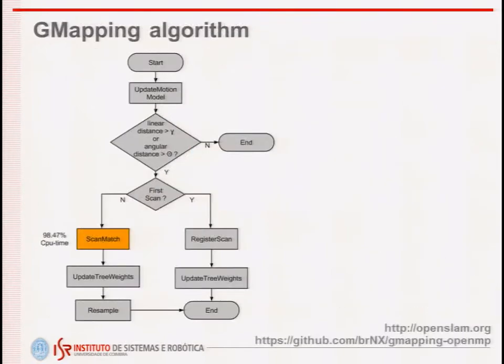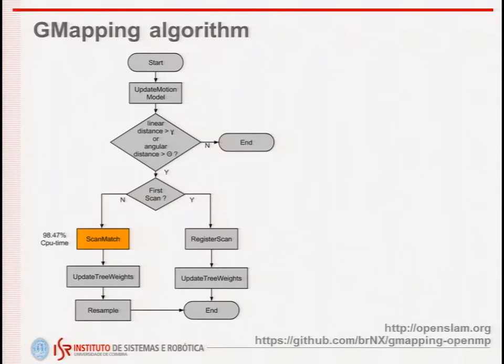One of the most popular SLAM algorithms is G-mapping. We analyzed G-mapping, and we concluded that more than 98% of the processing time is spent on laser scan matching.